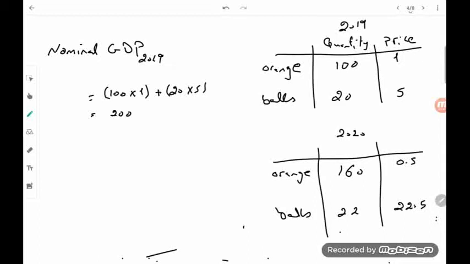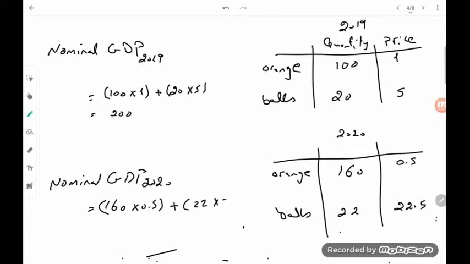So if you would like to calculate nominal GDP in this case, it will be 160 multiplied by 0.5 plus 22 multiplied by 22.5.